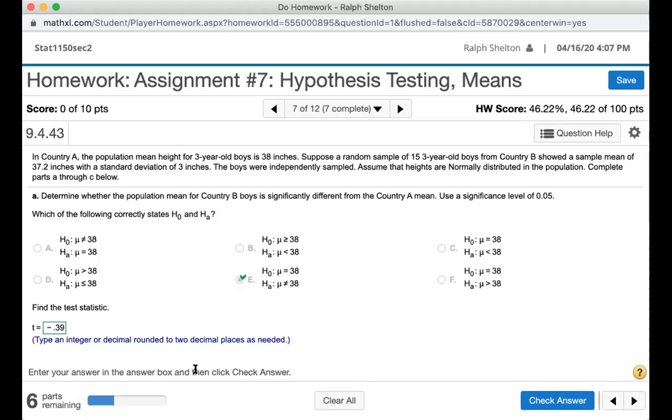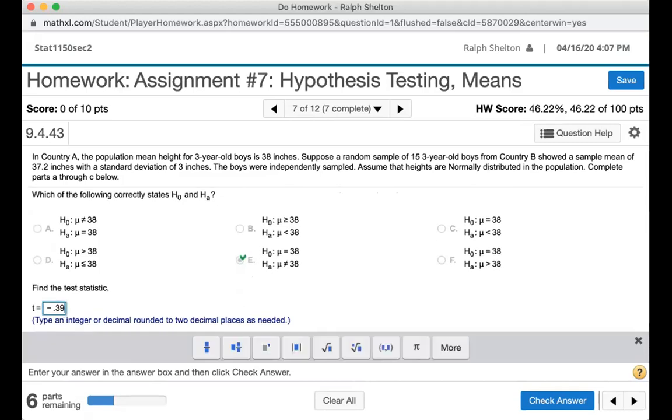What did I do wrong there? I think I just punched something wrong, so let me do it again. 37.2 minus 38 equals negative 0.8, that's right, divided by the standard error 0.7746 equals, oh, okay, yeah, I punched it in wrong somehow. Not sure what I did. Punched it in wrong. Okay.